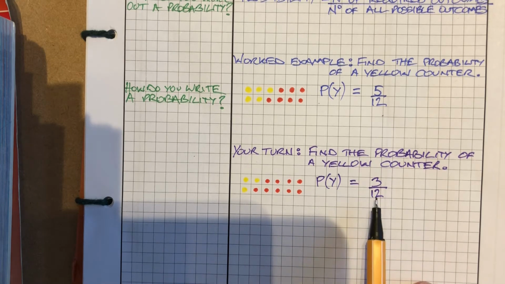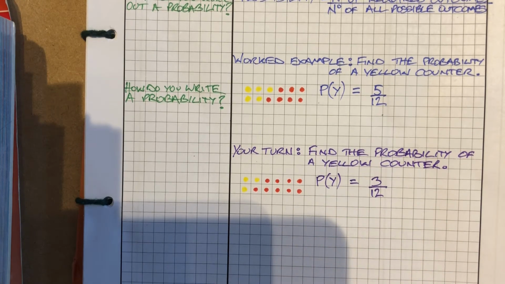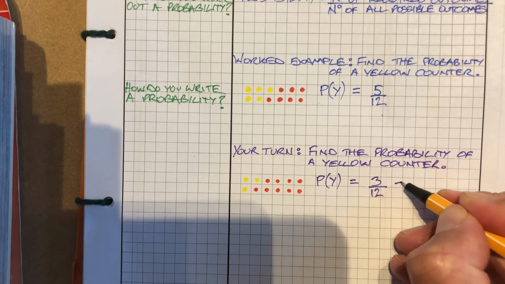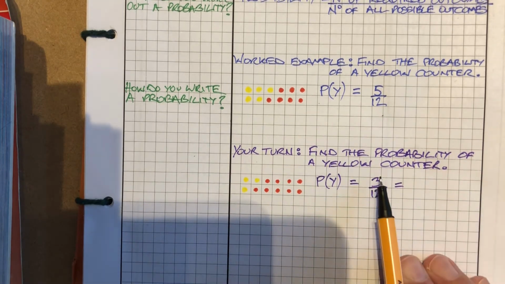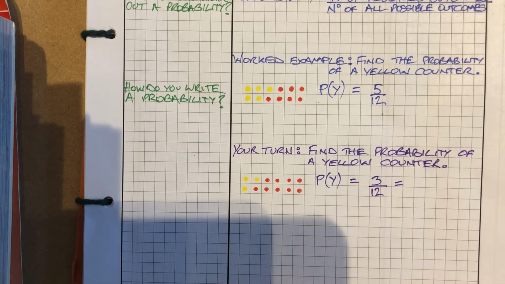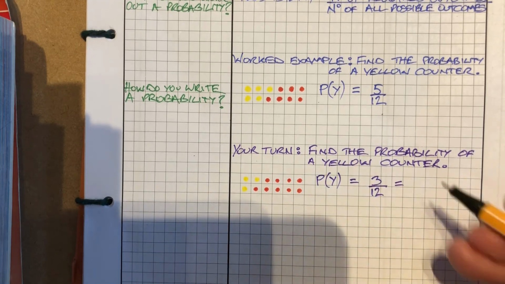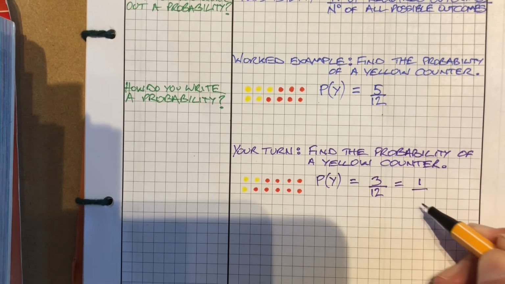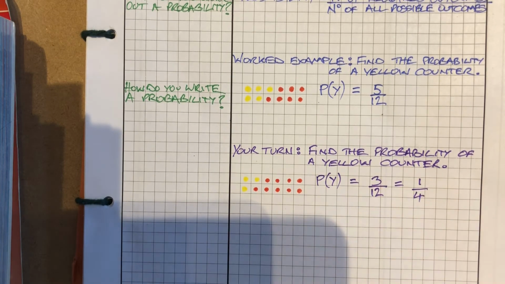Now, I'm not asked to simplify this fraction, so I should get full marks for that. However, it might make life easier if I do simplify it, so I'm going to continue because I've spotted that both of these numbers are in the 3 times table. So I divide the top by 3 and I divide the bottom by 3, and I've simplified the fraction.